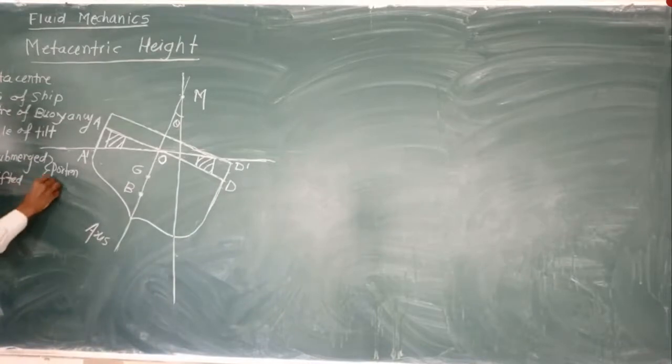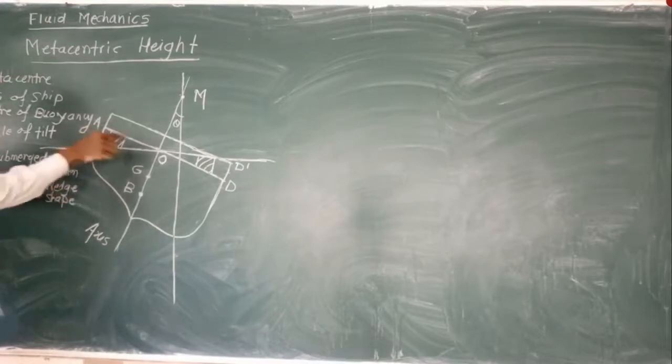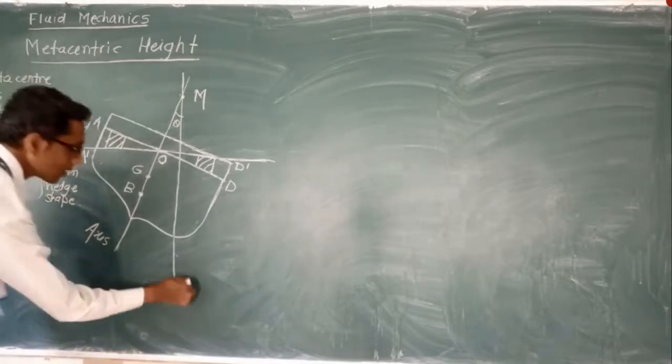And this is the wedge shape portion. Wedge shape means triangular shape. Okay, now we will see about this in detail.